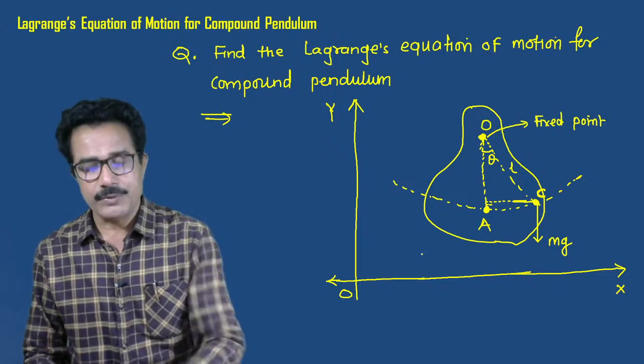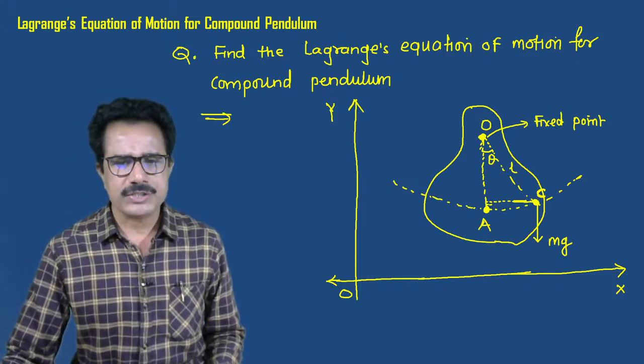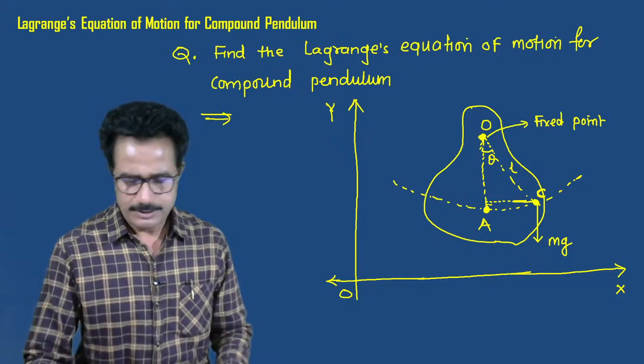Now we shall write what is meant by the compound pendulum. First of all, discuss what is meant by the compound pendulum. Then we shall explain the equation of motion.